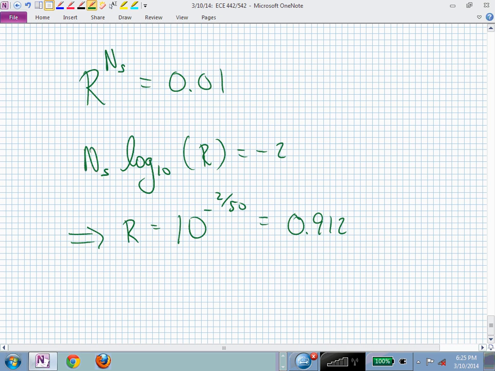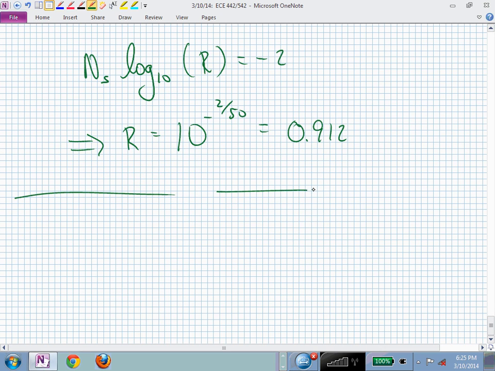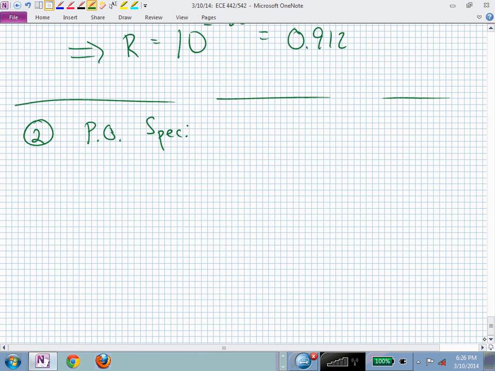Let's look at the percent overshoot spec. Again, we're hoping that maybe they're all three going to be consistent. Our percent overshoot spec, first we need to find out what our zeta value is. And zeta, we could either have a sketch of that figure, or we could simply plug this equation in where we have the natural log of PO over 100, with PO being 20.